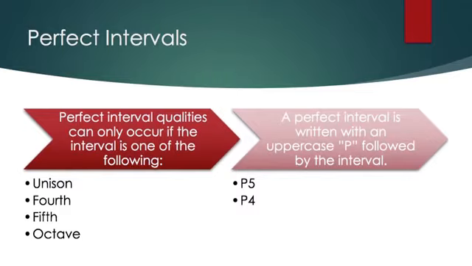So only use the perfect interval quality on the unison, fourth, fifth, and the octave. As I mentioned, a perfect interval is written with an uppercase P followed by the interval, the numerical distance. So in the case of a perfect fifth, you just write P5. A perfect fourth, P4. And remember that P has to be capitalized.